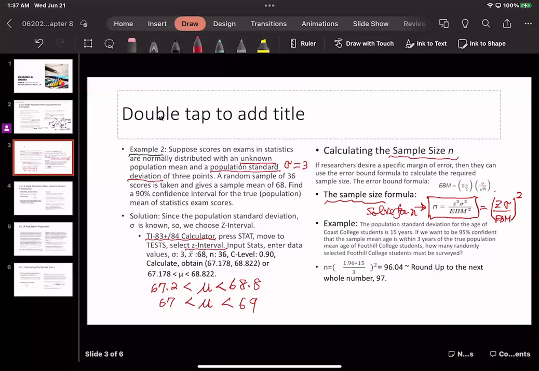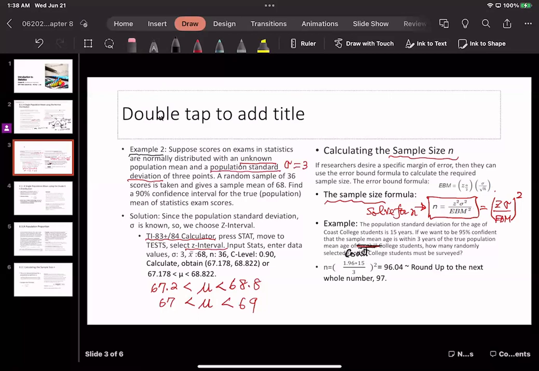If we want to be 95% confident that the sample mean age is within 3 years of the true population mean age, how many randomly selected college students must be surveyed?